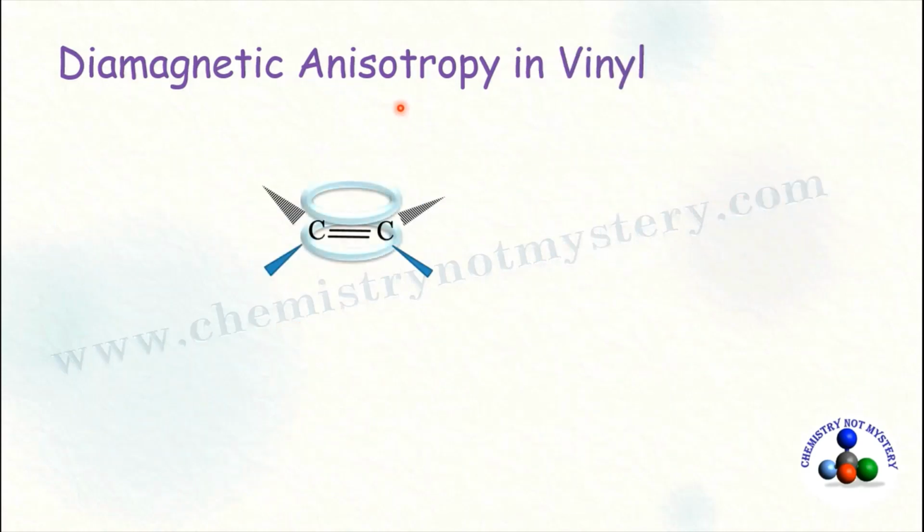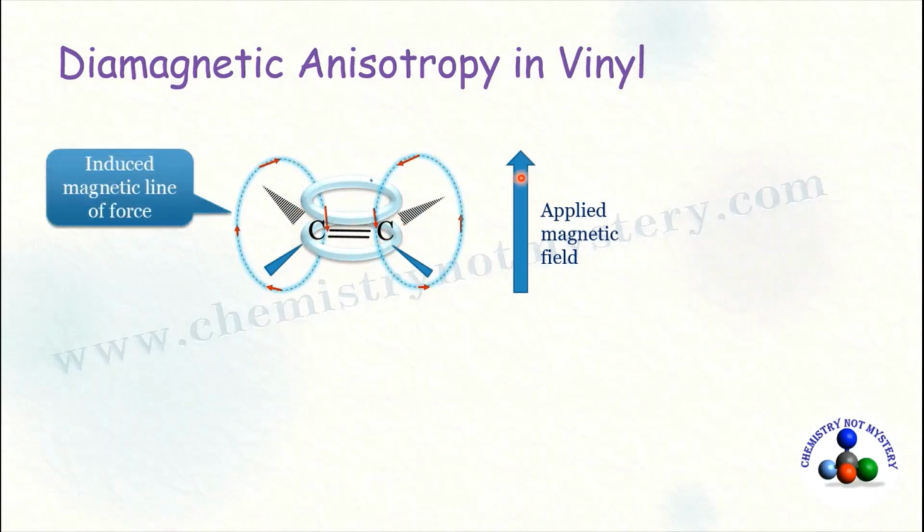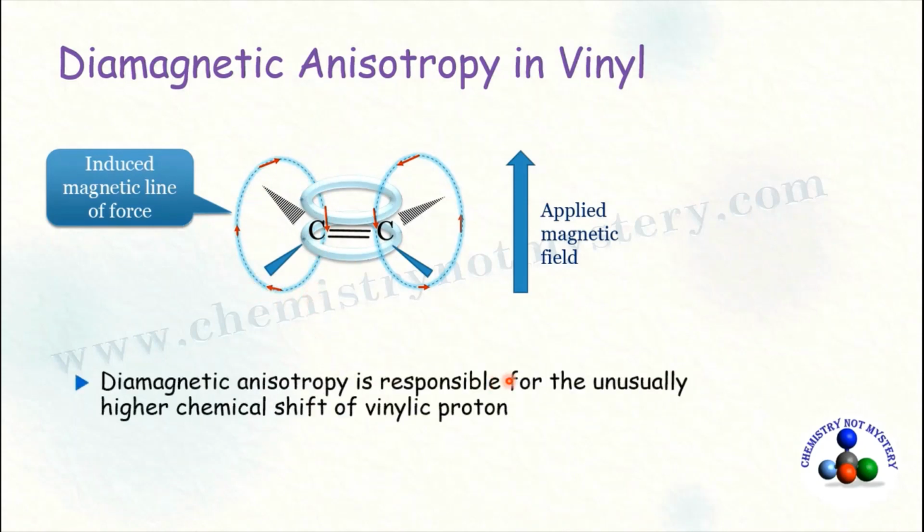Another example of diamagnetic anisotropy is vinyl. In vinyl, there is a pi electron cloud and in the presence of an applied magnetic field, pi electrons start moving in a circular direction and they induce magnetic field lines in this direction. This diamagnetic anisotropy is responsible for the unusually higher chemical shift of vinylic protons.